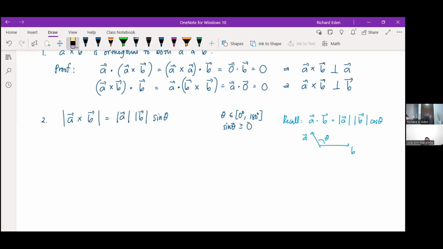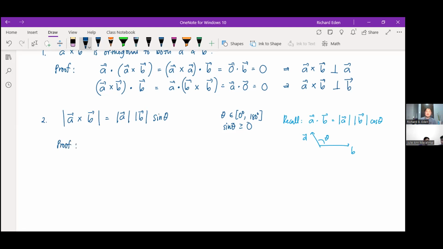So I just refer my students to read the notes in the book. Okay, pero sige nga, let me try doing it here. Okay, proof.